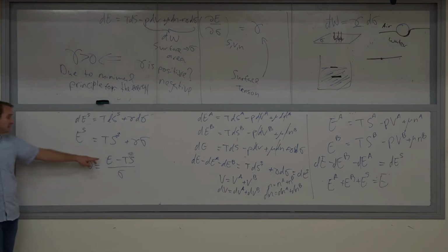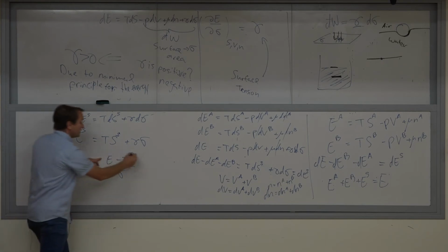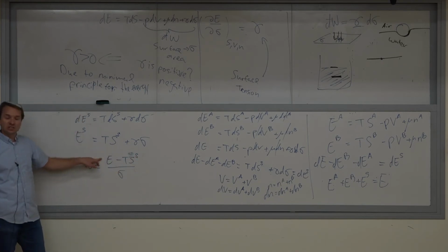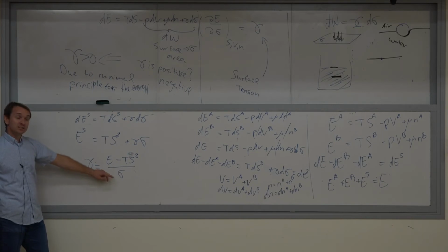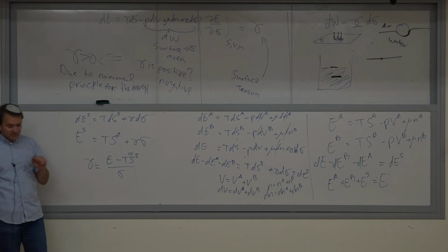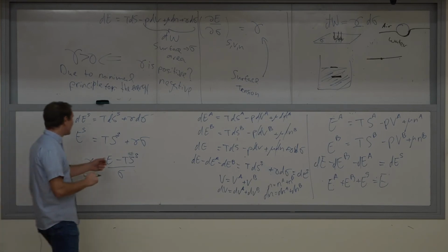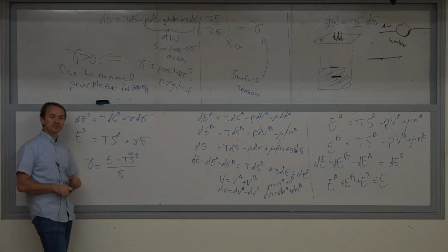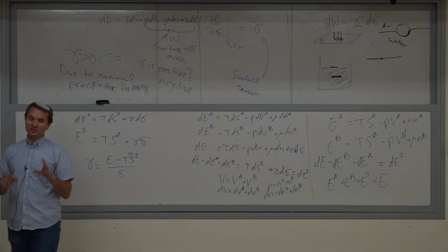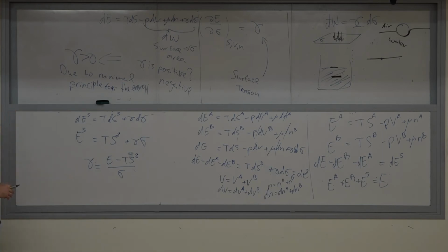What is E minus TS? It is the Helmholtz free energy, divided by the total area. So the surface tension is the concentration of free energy per surface area. This is the definition of the surface tension.